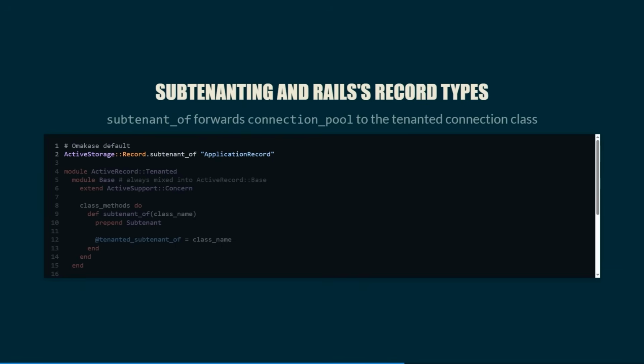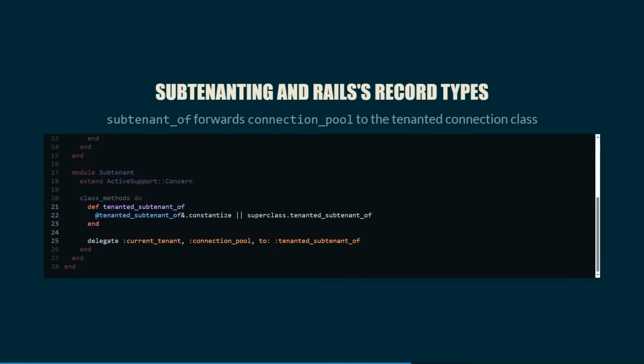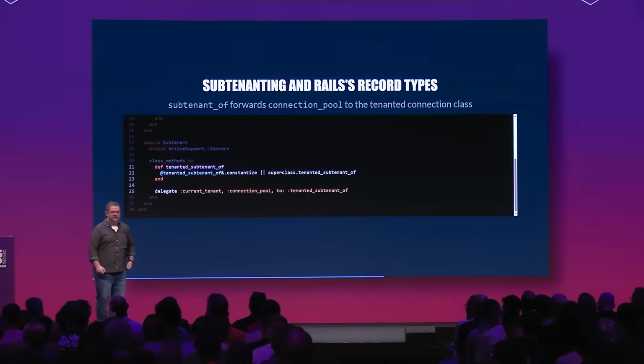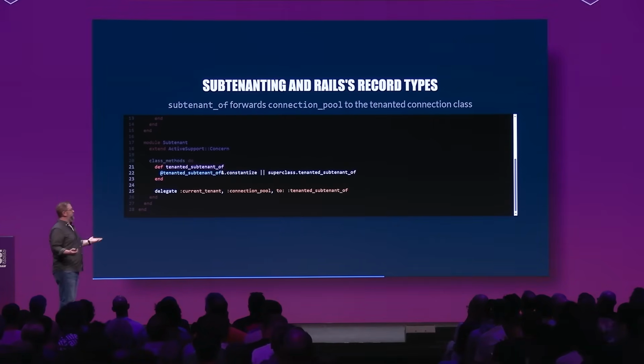So when you call subtenant_of and pass in ApplicationRecord, under the hood, we just delegate current_tenant and connection_pool to ApplicationRecord. And this is kind of a neat hack you can use for a lot of interesting things if you were evil. But we're using it for good here.